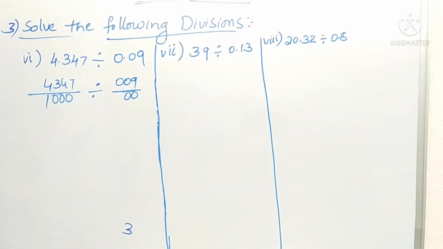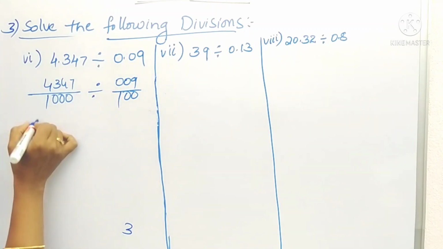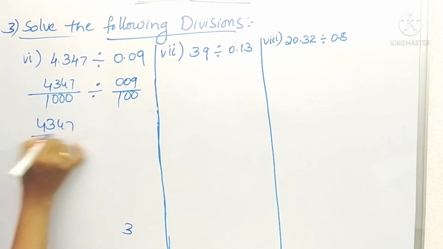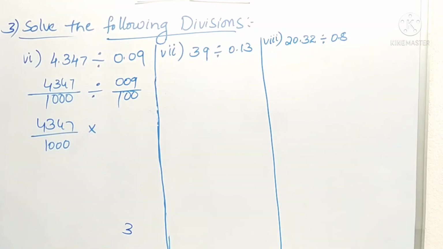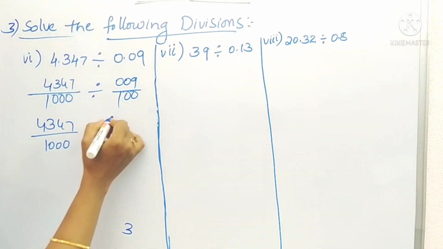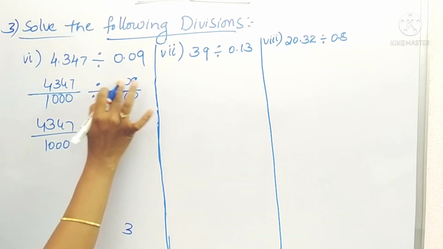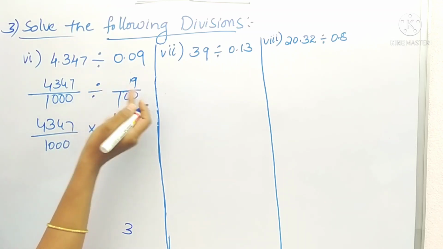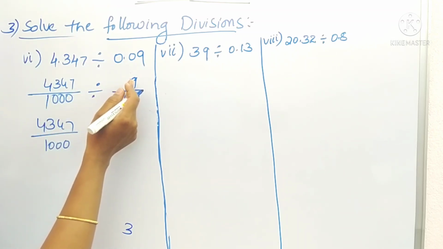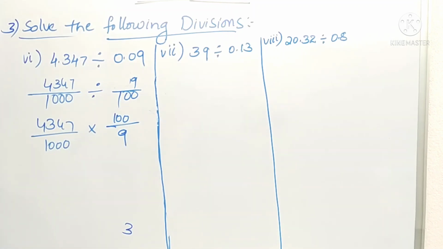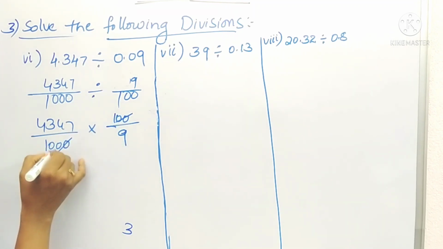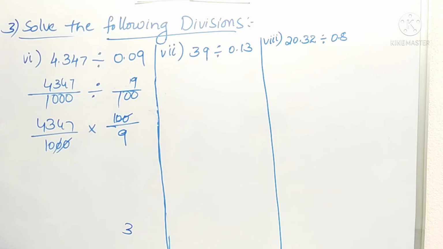So write 2 zeros and put 1. So now it will be the same, and in the place of division, multiplication, and now this fraction will get reversed. Actually these zeros have no value because they lie on the left side of the number. So it will be 9. So cancel 2 zeros and 2 zeros.